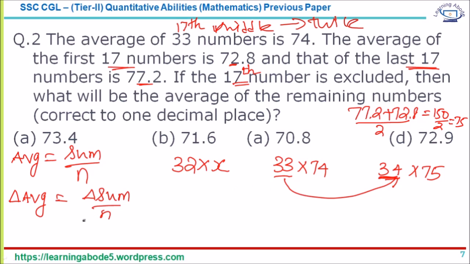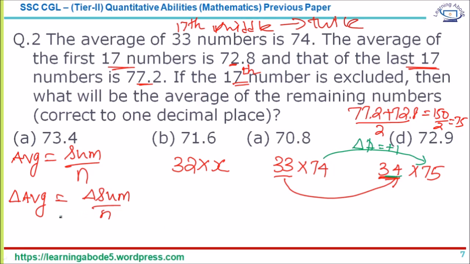Now let's come back to this: change in average equals change in sum by n. 74 becoming 75, what is the change in average? The change in average is plus 1, right? Which means that 34th number has contributed 1 more than the existing average.